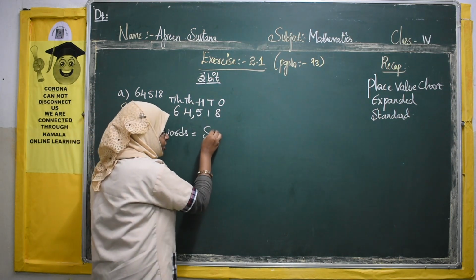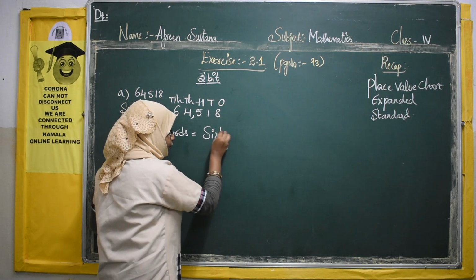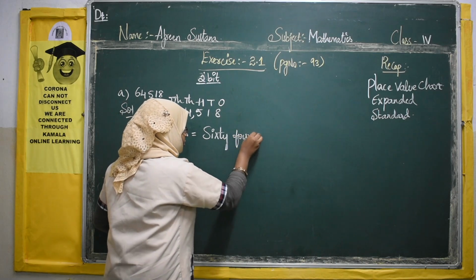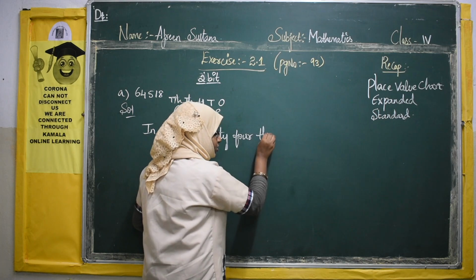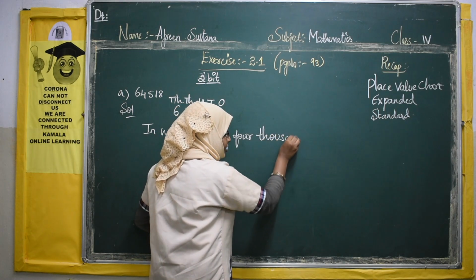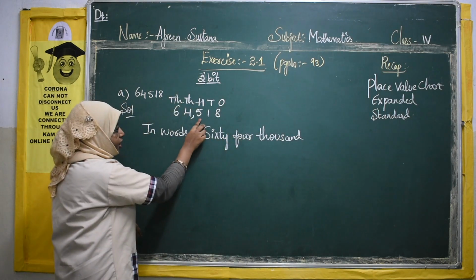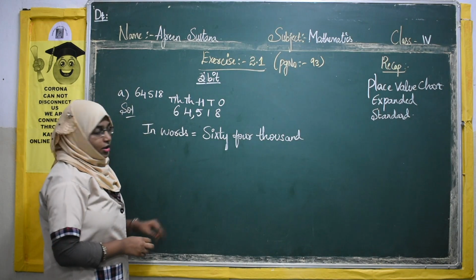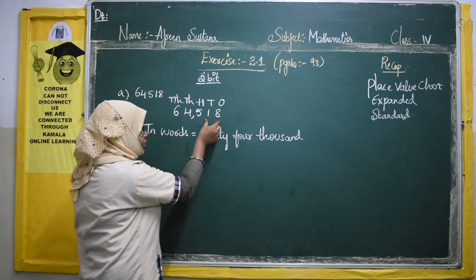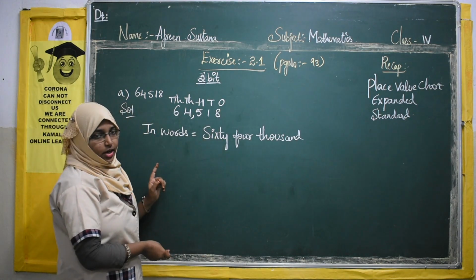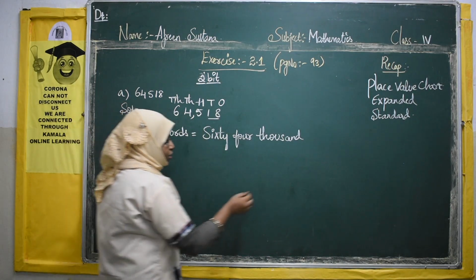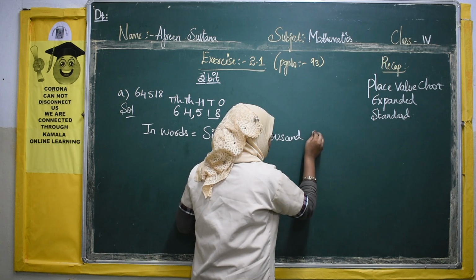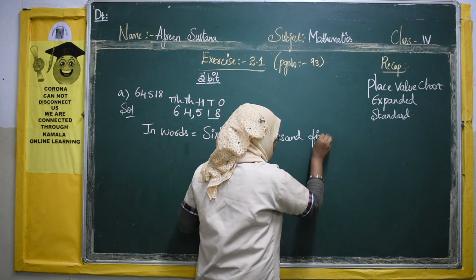So how will you write? 64 goes in thousands row. So 64,000. Right. Next, 5 is in hundreds place. So 500. Last 2 digits we will write at once, okay? So 500, 1 8 is 18. So 64,518.